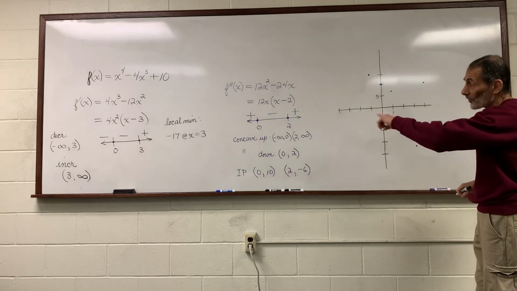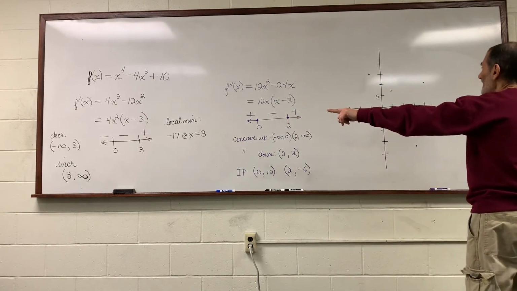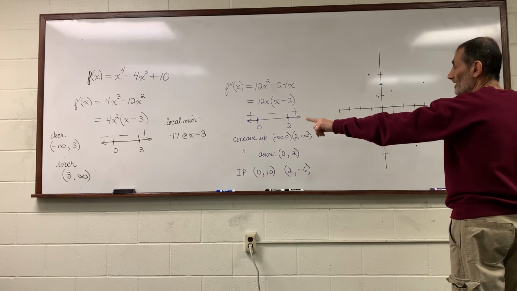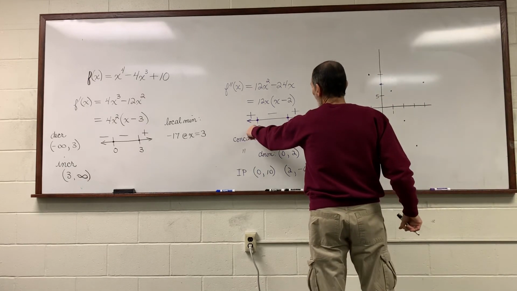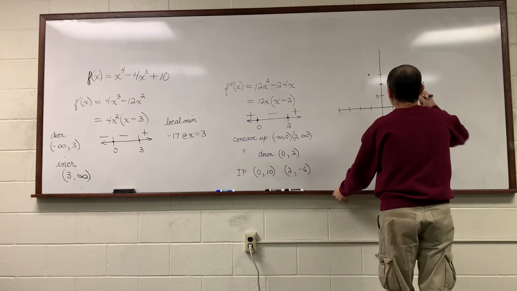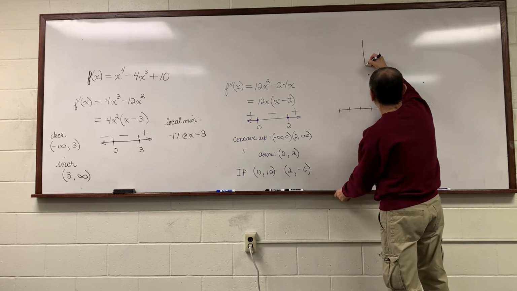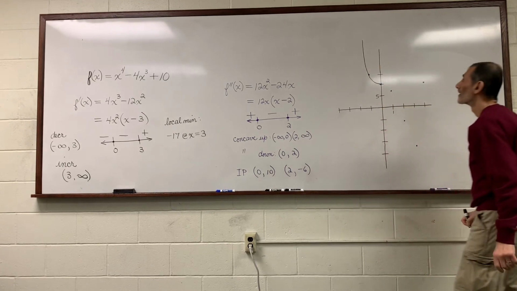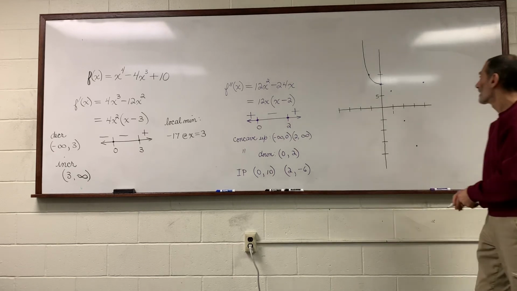Now let's follow the pattern of what we have drawn here. From negative infinity to 0, the function is decreasing, we can see there, and concave up. Decreasing and concave up. Right? Concavity is up even though the function is trending down.